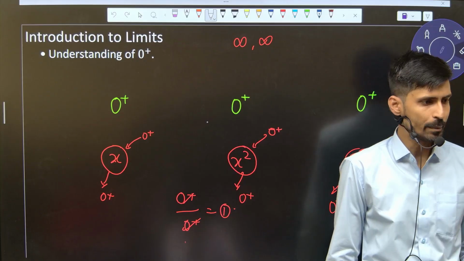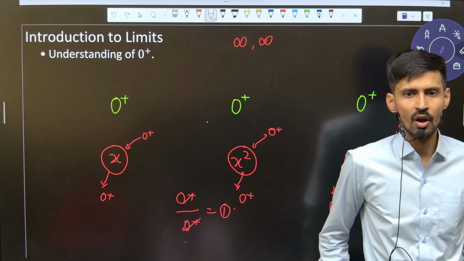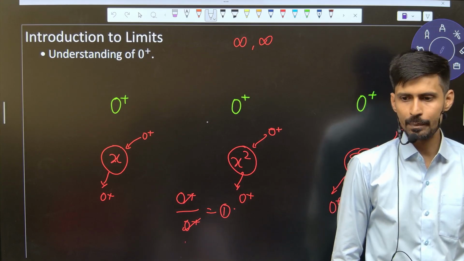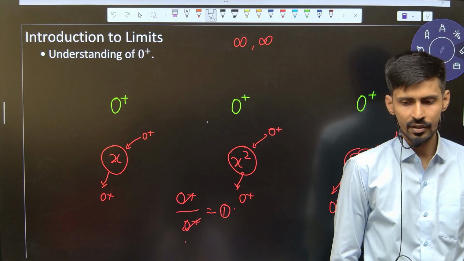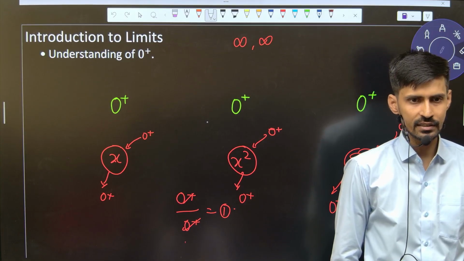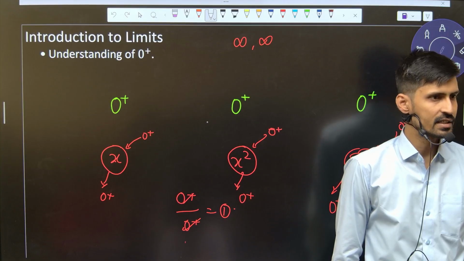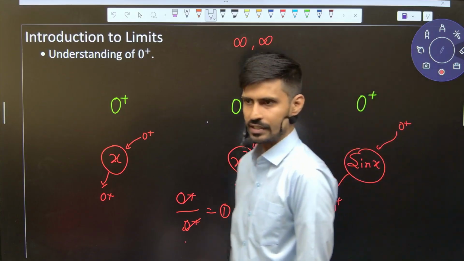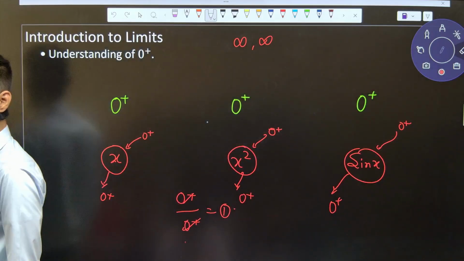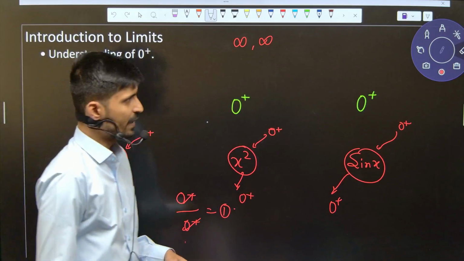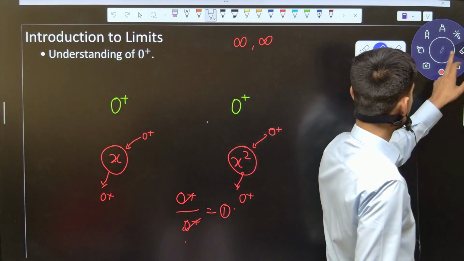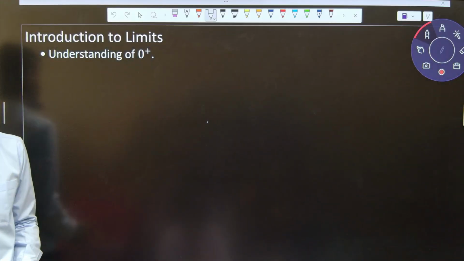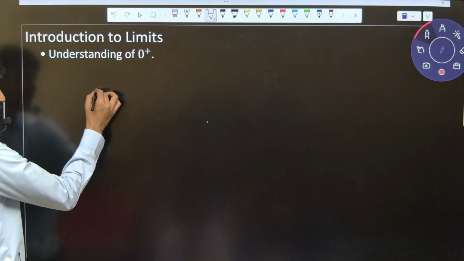Write down: it depends on the function from which 0 plus has been generated. Whether two 0 plus will be the same or not depends on the function from which that 0 plus is generated.